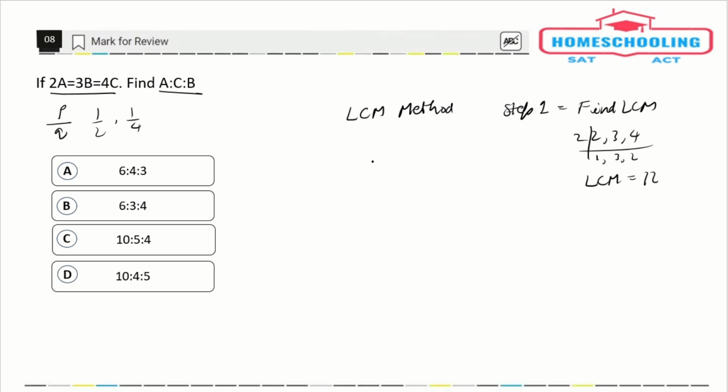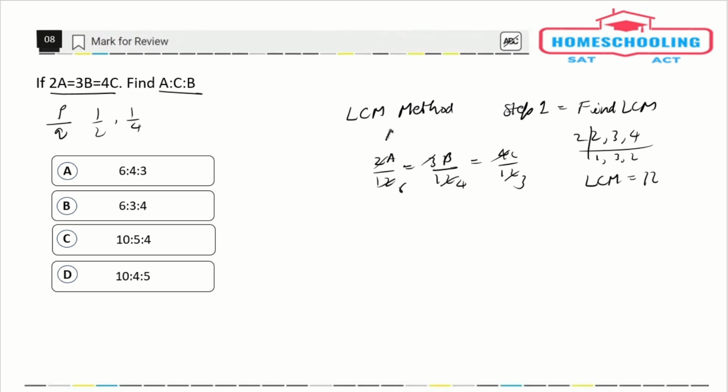This can be written as 2a divided by 12, 3b divided by 12, and 4c. We'll divide by the LCM. So this one would be 6, this one would be 4, this one would be 3.